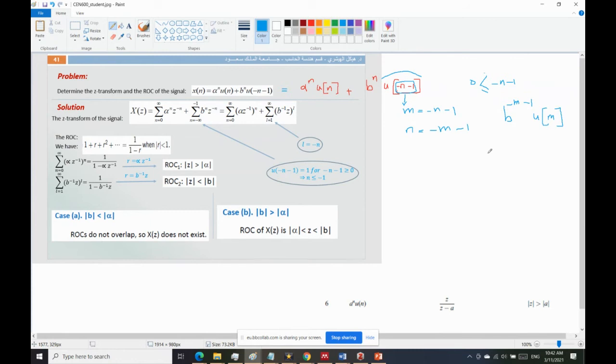Oh, but now there is a problem. x[n] is now, the problem is we changed the parameter, because here the n in u[n] is related to x[n], and the second part now has m. It doesn't work like that. We need to keep the same, sorry, minus m minus 1 u[m]. But this does not work because it's only a function of n, not a function of m.